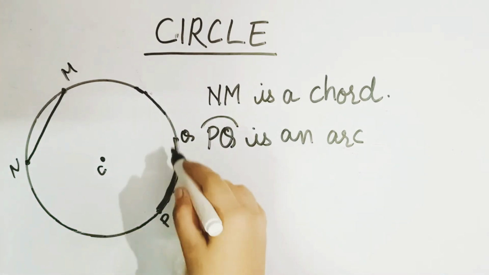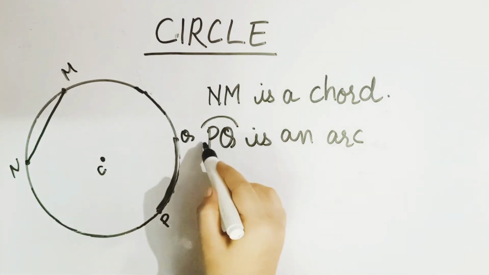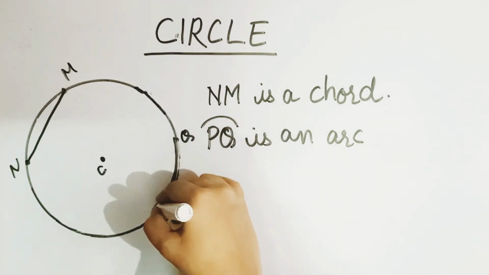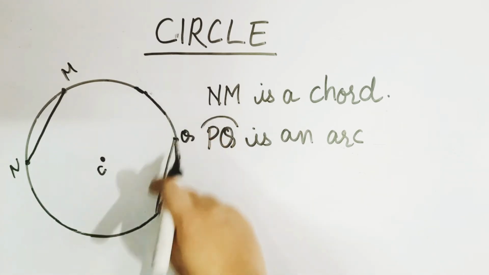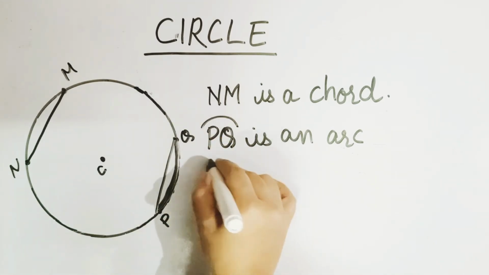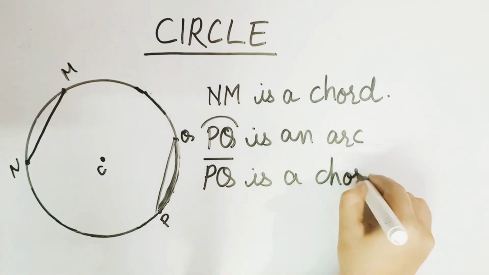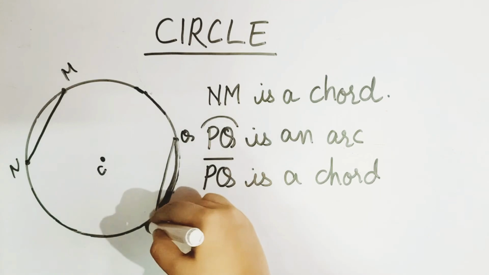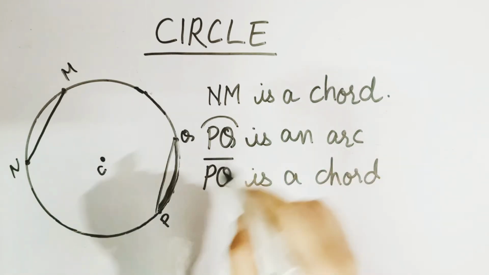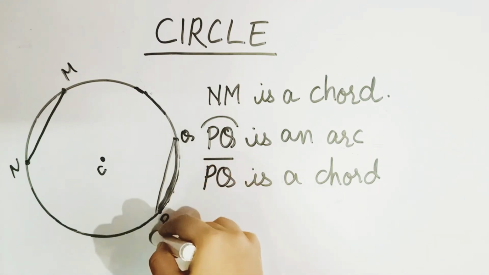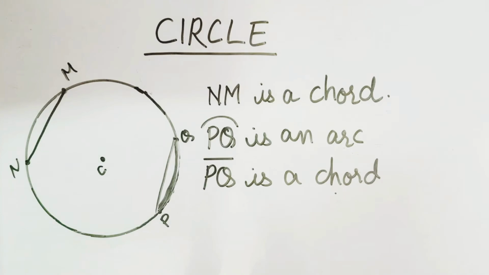If we simply write PQ, then it will create confusion whether this is an arc or simply a chord. Because if we join PQ, see this PQ, it is a chord. But if you look at the part of the circle, this PQ is an arc. This line joining PQ is a chord, but this part of the circle is an arc.